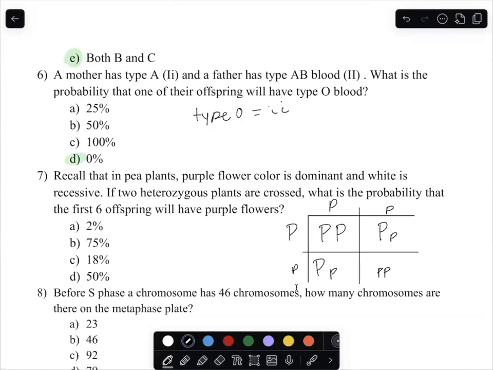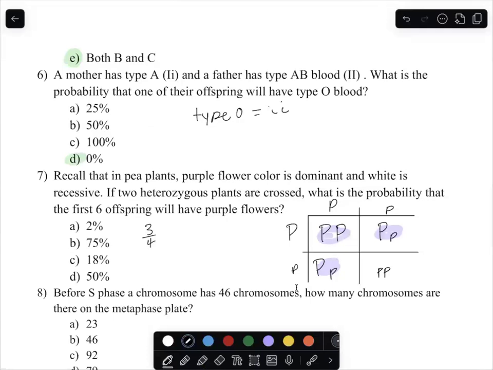Okay. So out of these, this will be purple. So we know that the probability for purple over white is going to be 3 out of 4.